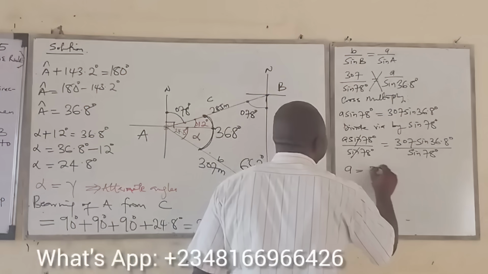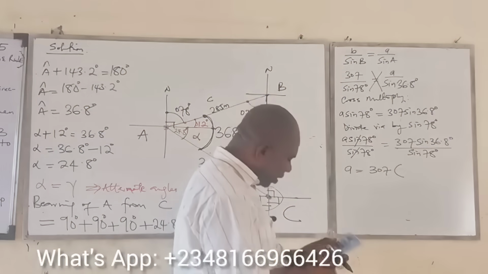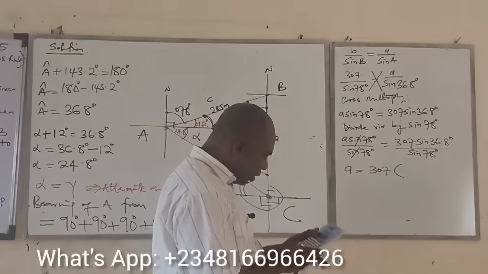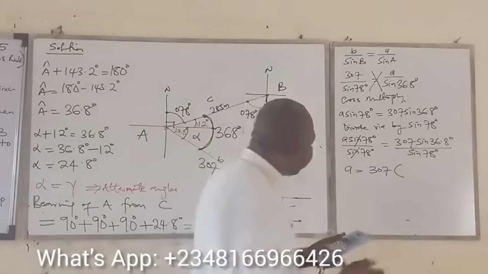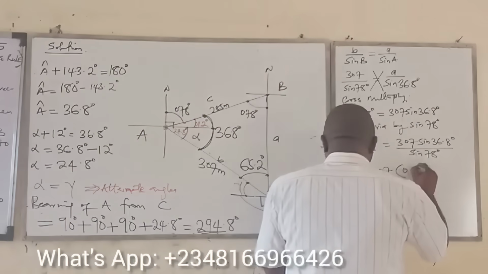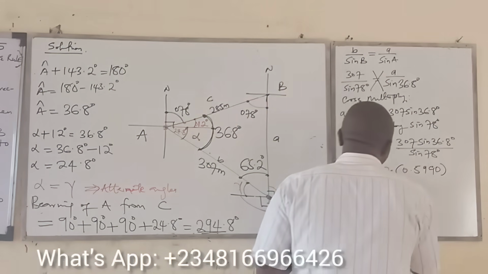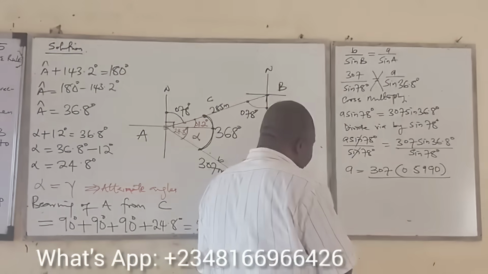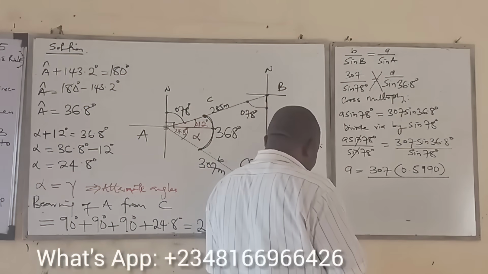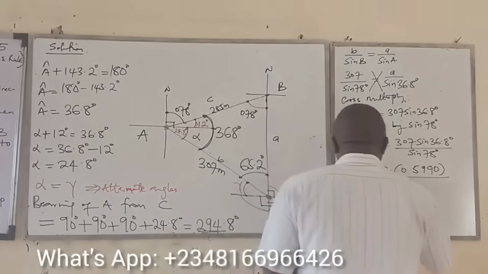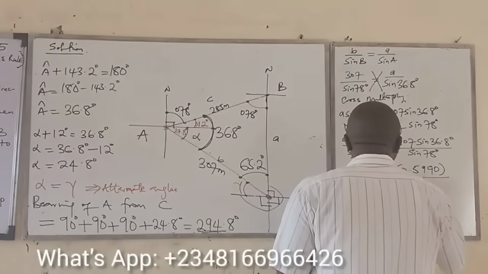So a will be equal to 307 times sine 36.8, which gives us 0.5990, divided by the value of sine 78, which is 0.9781.